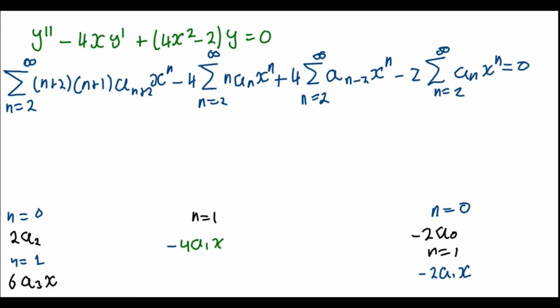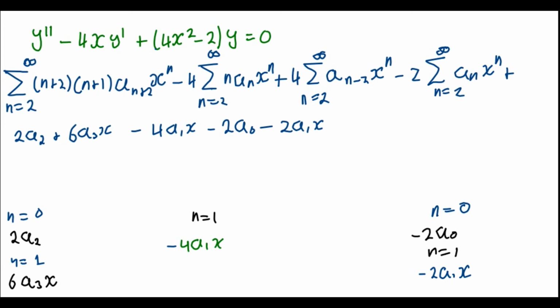So here, before I put in the equals to 0, for convenience's sake, I'm going to add everything that I've done here. So for this part, I have 2a sub 2 plus 6a sub 3 x minus 4a sub 1 x, then minus 2a sub 0 minus 2a sub 1 x.